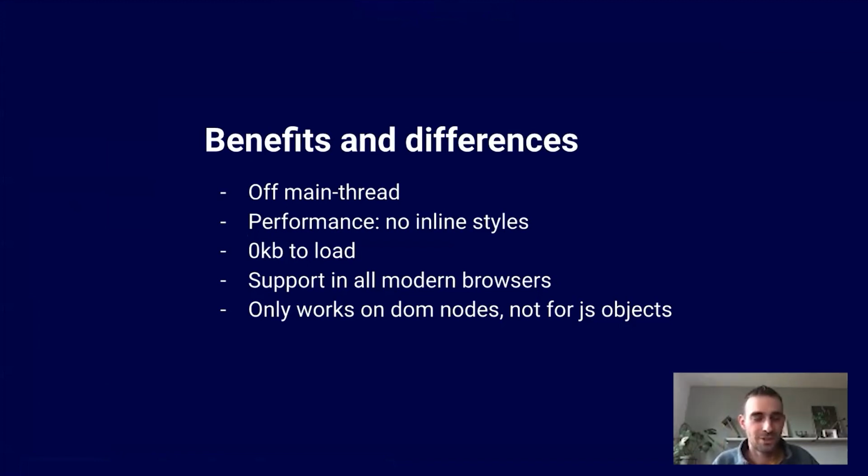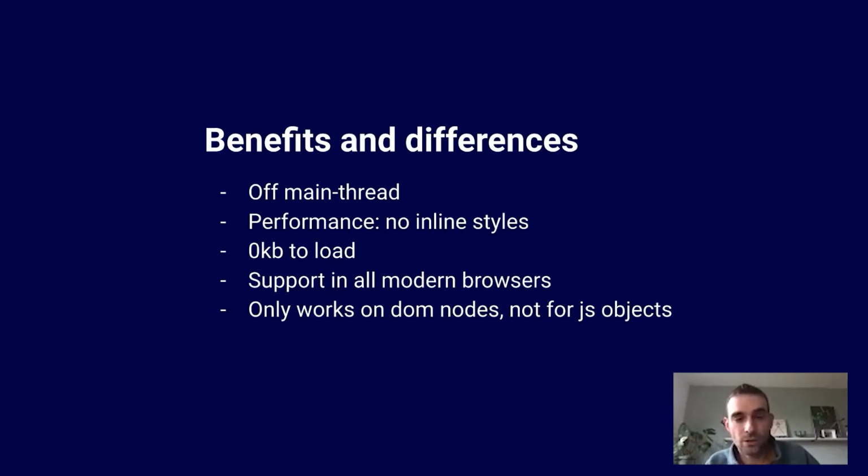You have workers next to it, but you have one thread. If you block this one thread with your really cool animation to make your website really fancy, it's blocking everything. With the Web Animations API, you don't have that.